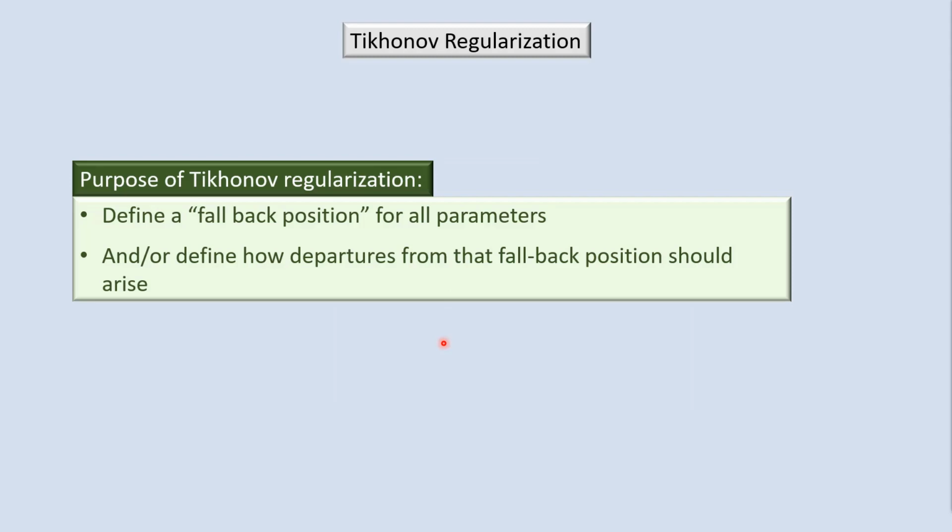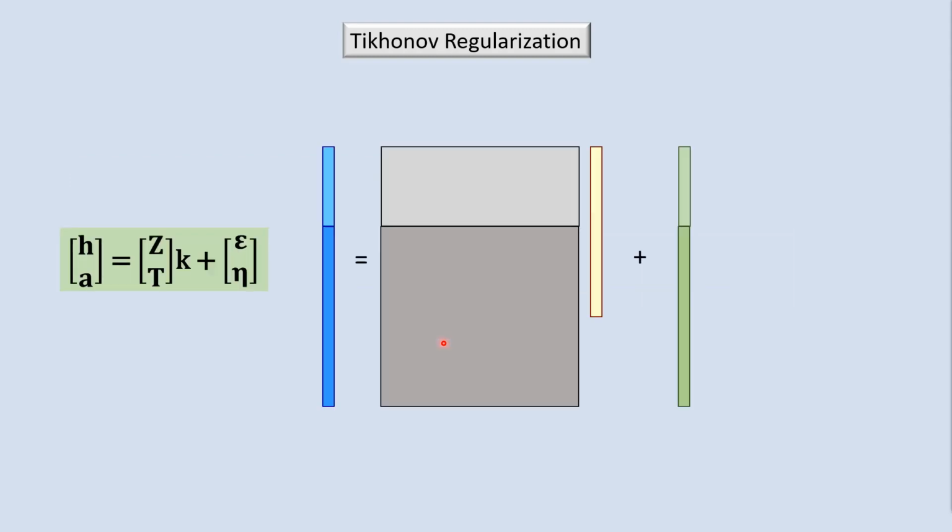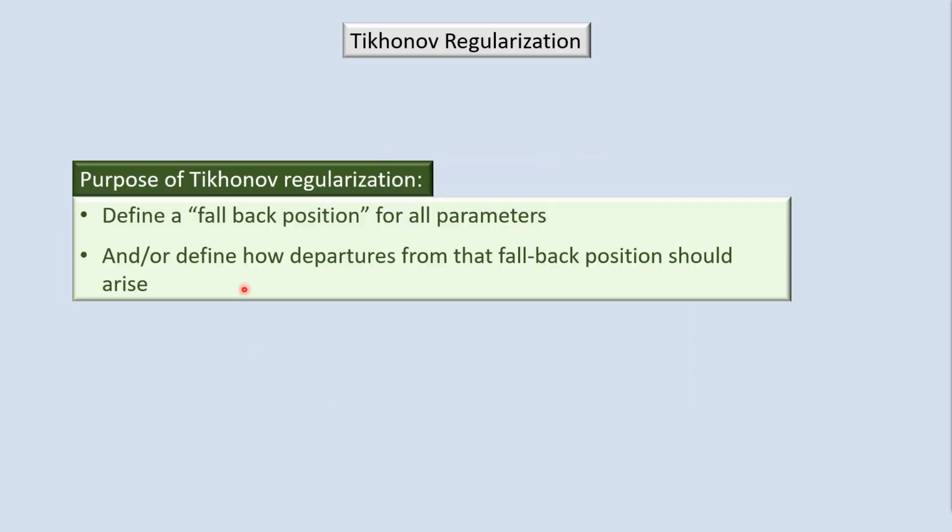Through bringing in the T matrix and the relationships embodied in the A equals Tk plus eta matrix equation, I am saying that if there is no information to the contrary in the calibration dataset, we have a place where parameters can go. We have a fallback position.